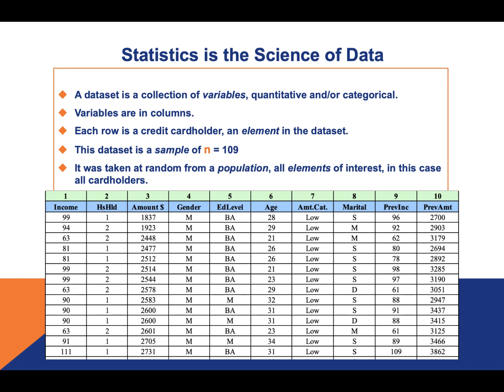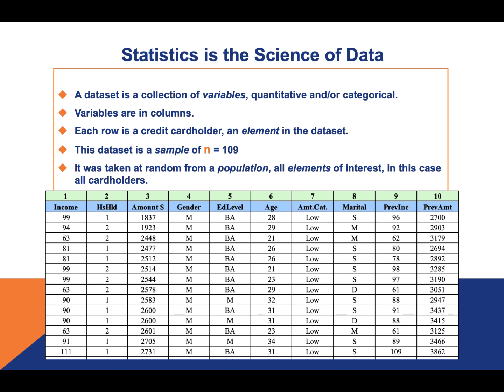Using Excel, our data are collected into what we call a data set. It's arranged in rows and columns. Each variable in our data set is a column, and each row is what we call an element. In this case, a person who has this credit card.